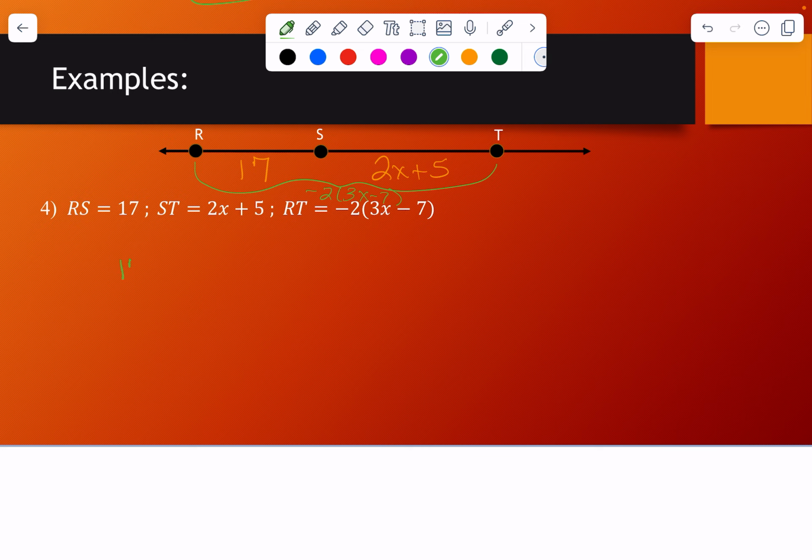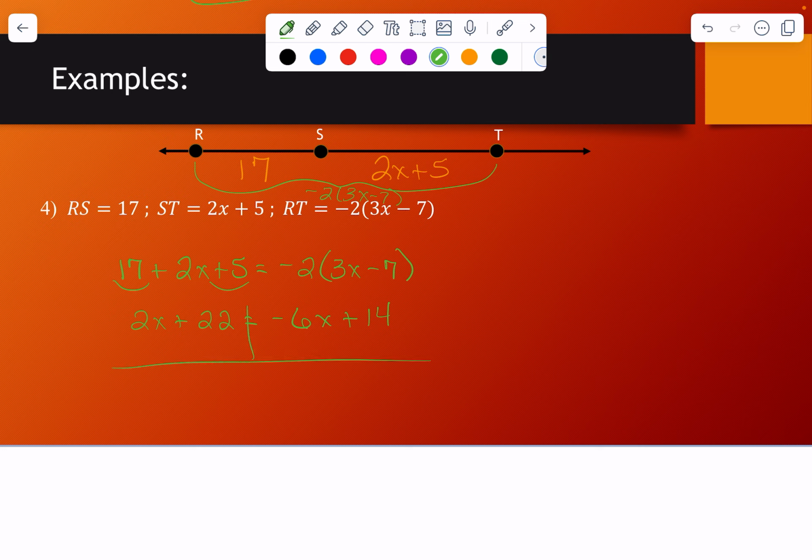So we take 17 plus 2x plus 5 equals negative 2 times the quantity 3x minus 7. The two smaller pieces add up to the whole. Now we just work that out. We're going to combine some like terms over here. So we get 2x plus 22, and that equals a negative 6x plus 14.